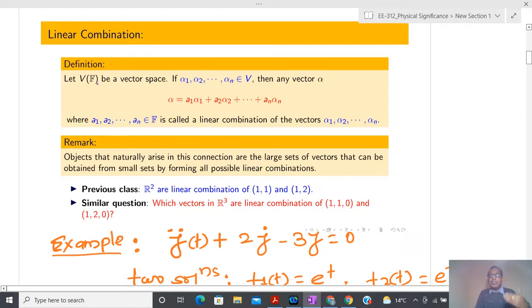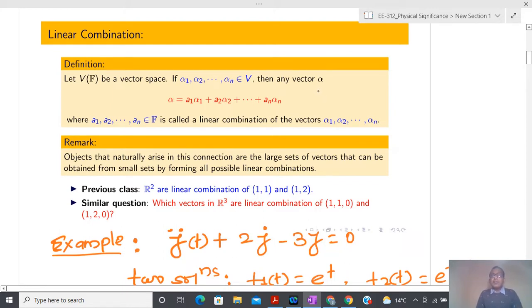Most of the time in engineering applications, the field is the real numbers or the complex numbers. With the help of the field, I stack those scalars in the form of column vectors, row vectors, functions or matrices.